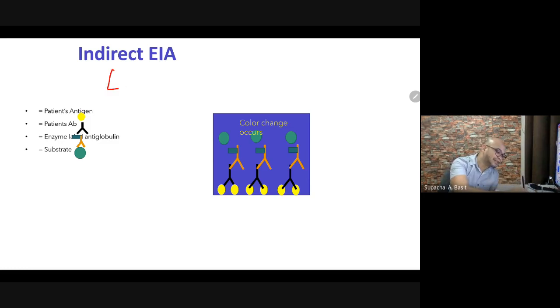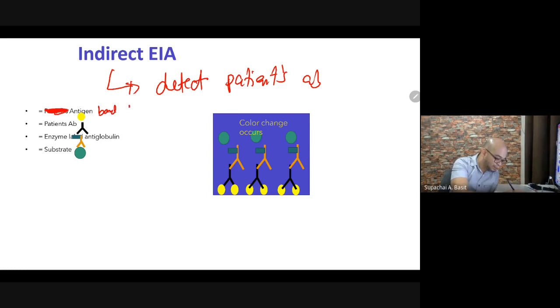What is its purpose? The purpose is to detect the patient's antibody. Let me correct this: this is not a patient antigen, but the antigen bound to the solid phase.